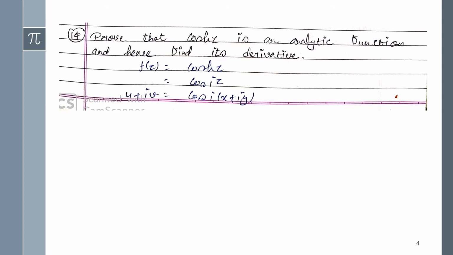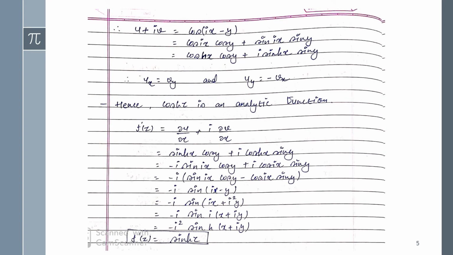So now we have the formula of cos of i into x plus iy. First multiply i into the bracket, so it will be ix plus i squared y. Now i squared equals -1, so this will be ix minus y. Now you have to apply cos of alpha minus beta, that is cos alpha cos beta plus sin alpha sin beta.